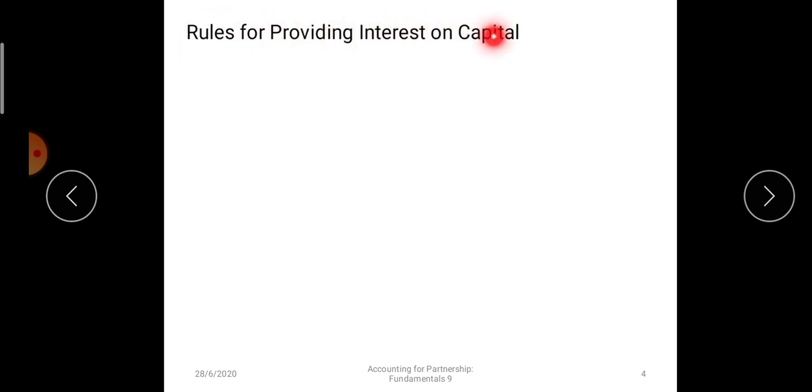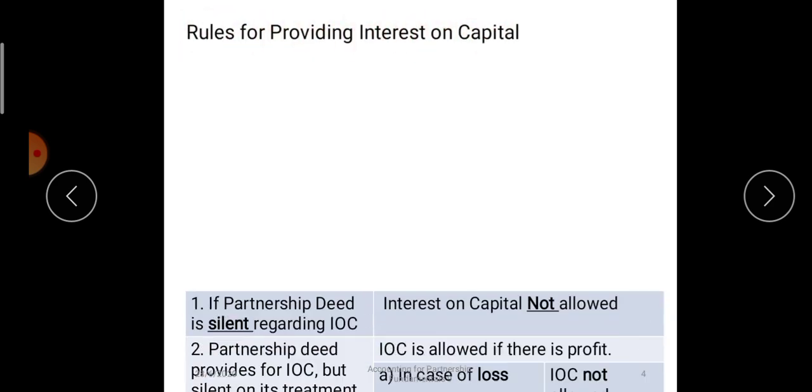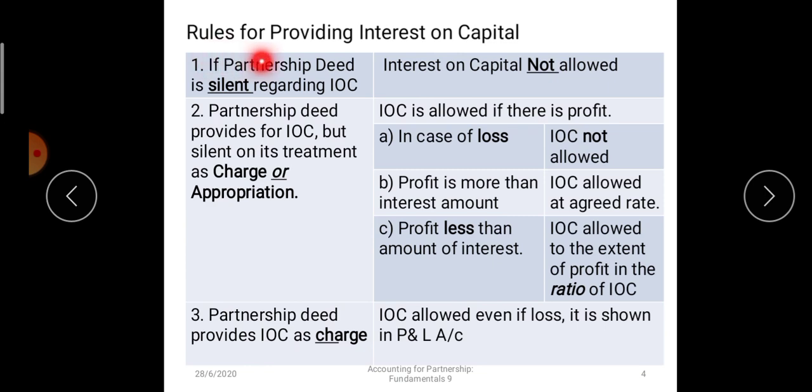Rules for providing interest on capital, we have discussed that earlier. If the partnership deed is silent, interest on capital will not be allowed. If the partnership deed provides for interest on capital, but is silent regarding the treatment, that is, whether it is a charge or appropriation, then it will be treated as appropriation. When it is an appropriation, if enough profit is there, interest on capital will be allowed, but in case of loss, interest on capital is not allowed.